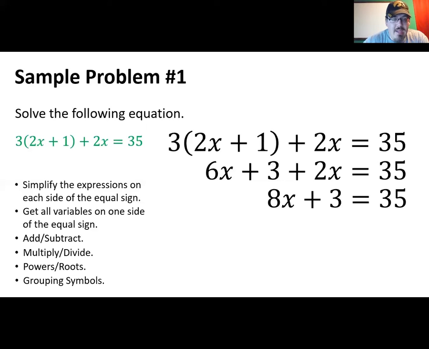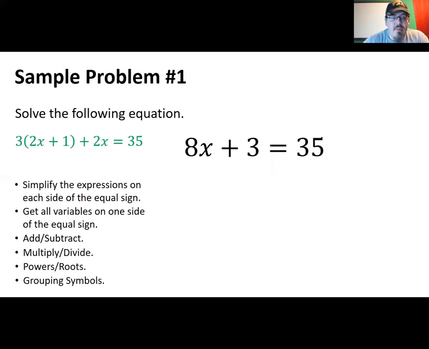We can't combine it with the 8x, so we leave them as 2 separate terms. Now I end up with my equation looking like this, as shown on the screen. And now it should look kind of familiar. It looks like a 2-step equation, essentially. So all the simplifying work that we did is now making it so we can basically solve an easier equation.